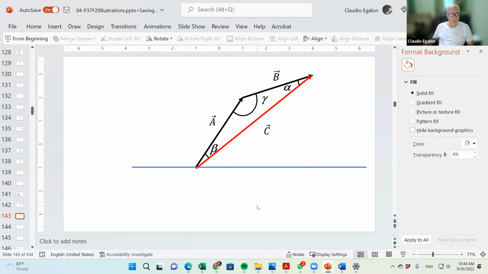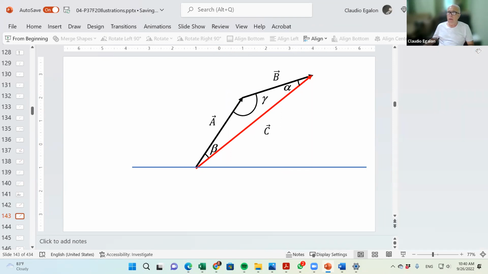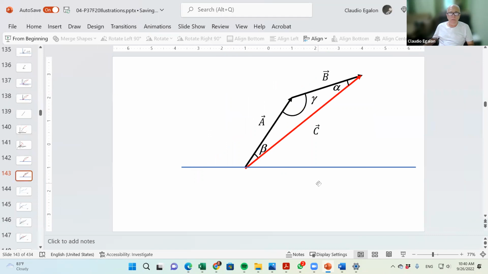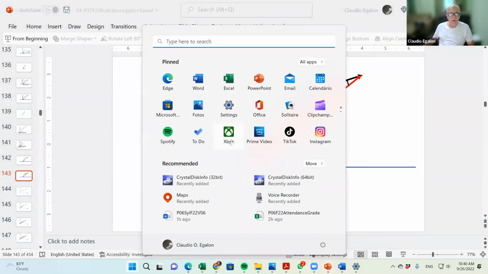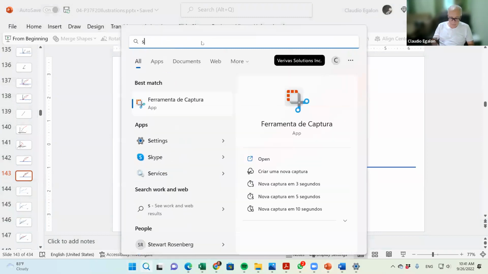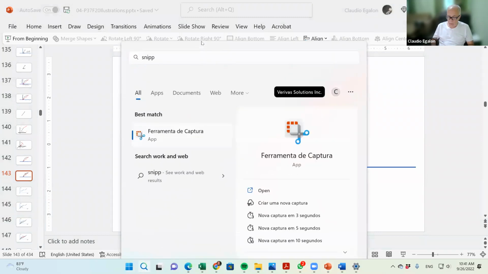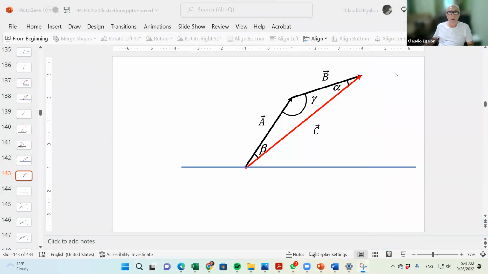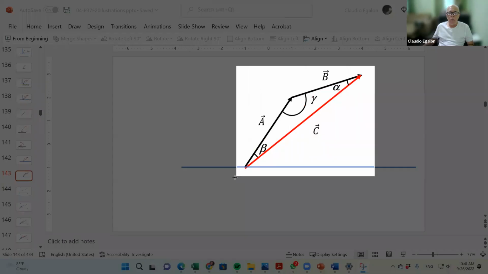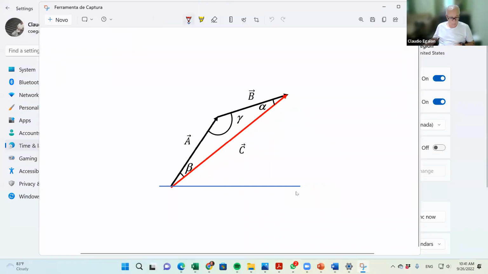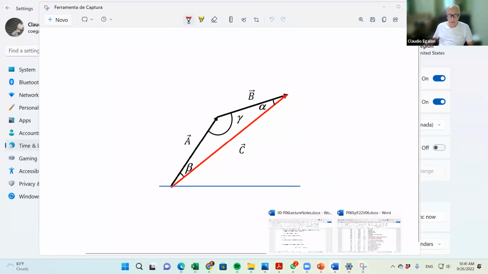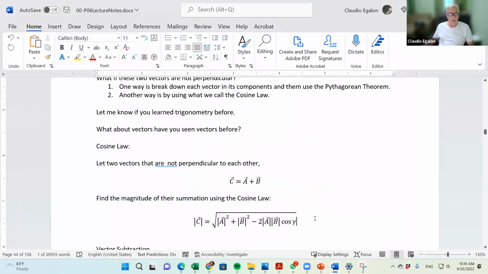Memorize it in the following way. I'm going to put it side by side. Even better, I'm going to copy it and paste it there in my notes so you can see it in real time. Snipping tool, here we go. Okay, let's put it in this one.